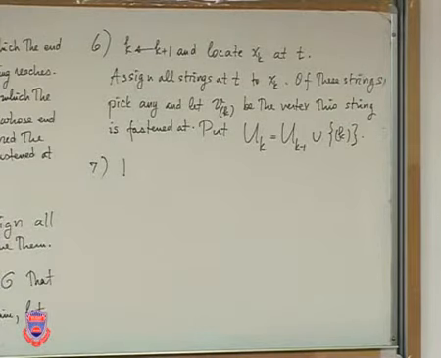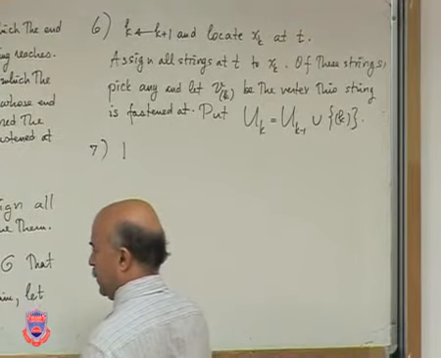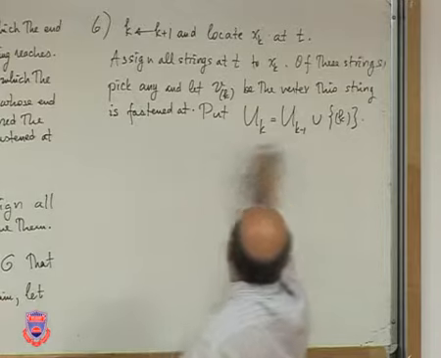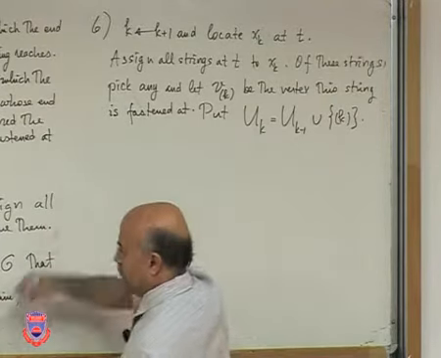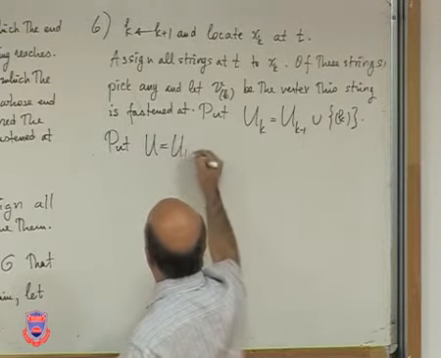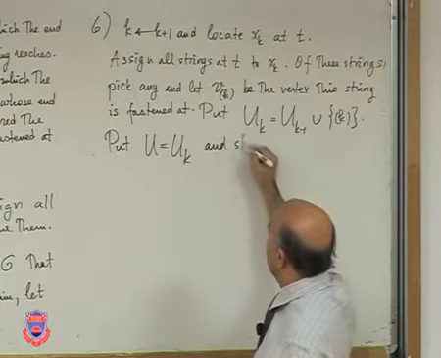Actually, let's add one more thing here. Put U equals U_k, which is the last one, and stop.